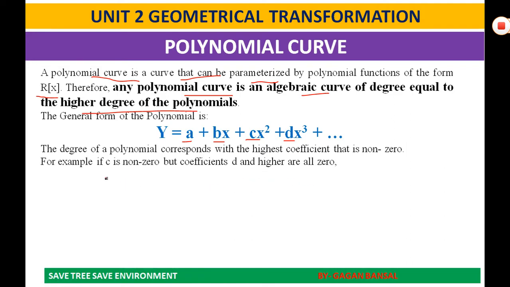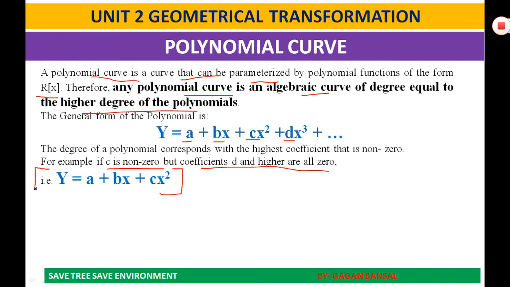Say for example, if c is non-zero but coefficient d and higher are all 0. So what does it mean? It means our equation becomes y equals a plus bx plus cx square.